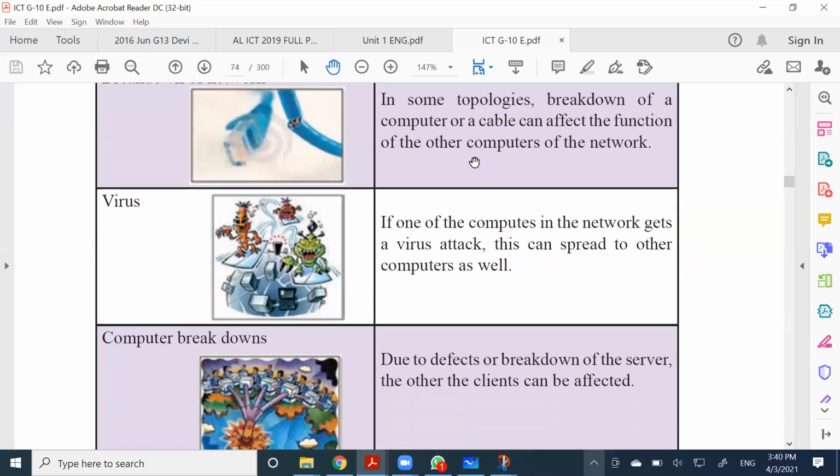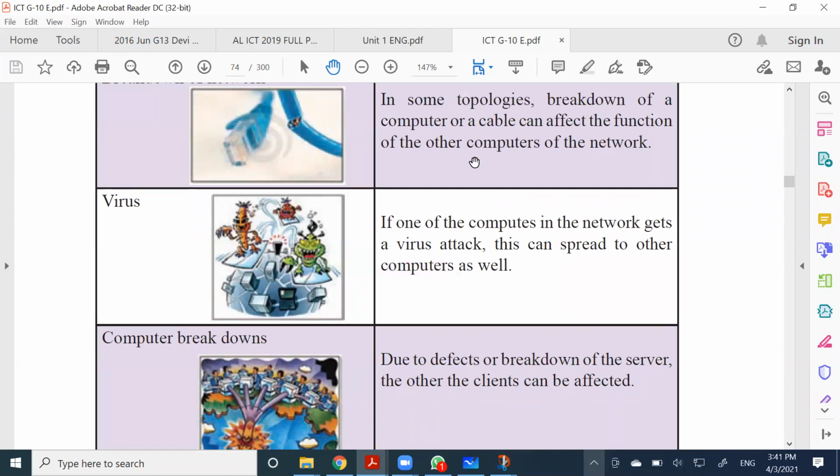And viruses. Now it's a threat for a standalone computer as well, if you are connecting to the internet or connecting external devices to it. But when it comes to a network, the threat is greater, because a network means a collection of connected devices. So if one device is affected by a virus, all the devices can possibly take that virus, right?